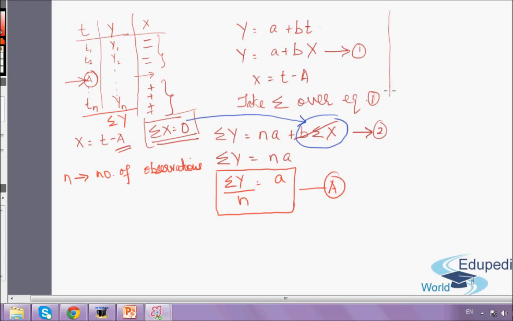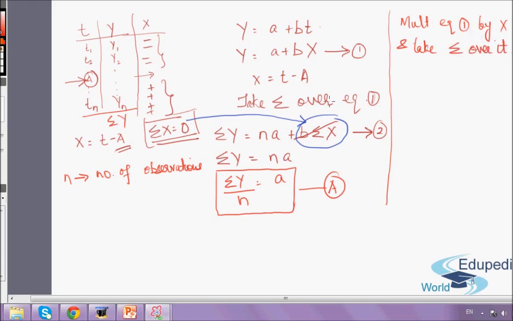Similarly, now let's take equation number 1, and this time multiply it by x, and then take summation over it.